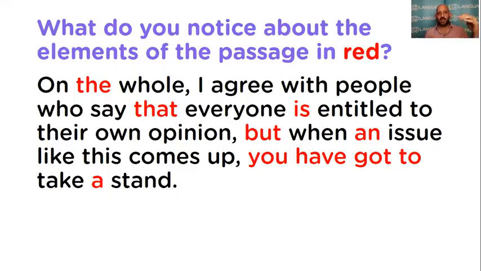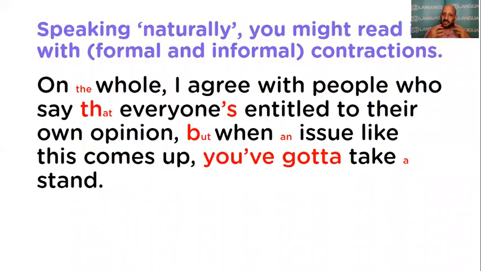Okay. So in the first line, the word the. In the second line, the word that and is. What do you notice about those elements in red? If you read them aloud in the context of the sentence, then what you ought to notice is that when you're speaking naturally, you might read them with certain contractions.